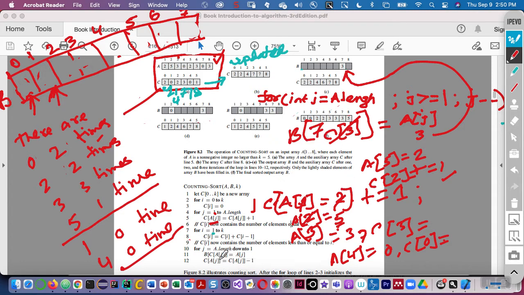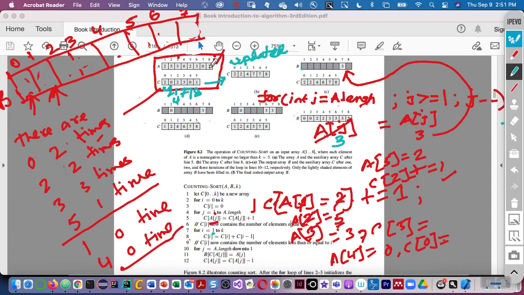So this part over here is critical. Actually let me write it down again. So here, first of all we need to find aj, that means we know that aj is equal to 3, right?